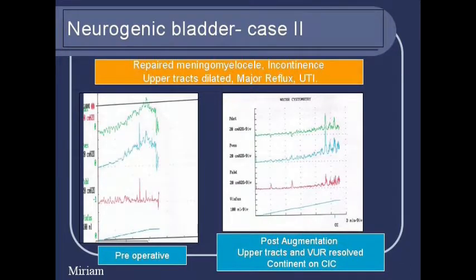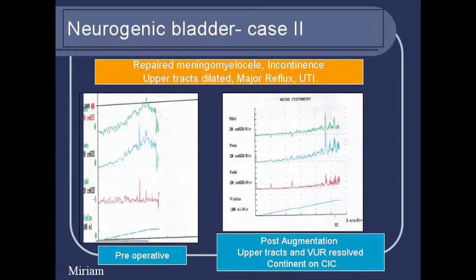On the other hand, this child, again a girl with repaired meningomyelocele, came with incontinence, upper tracts were dilated, she had major reflux and recurrent febrile UTI. With this combination, it's a bad combination, and obviously a neglected neurogenic bladder, and the preoperative CMG showed a very rapidly rising pressure.